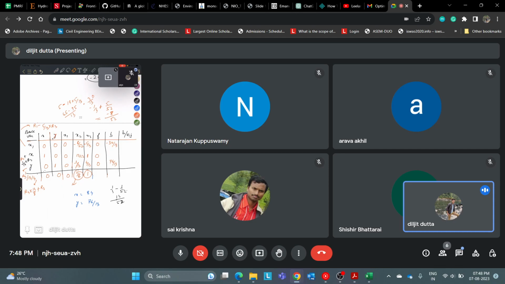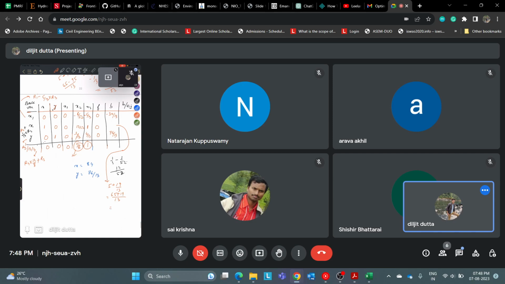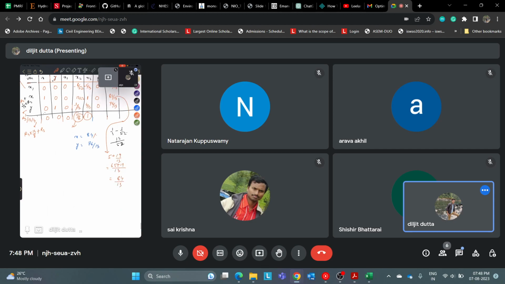So this value will be 5 plus 19 by 13. 65 plus 19 is, over 13, equal to 84 by 13. So we have these values here. So we got x and y. X is 84 by 13 and y is 76 by 13.